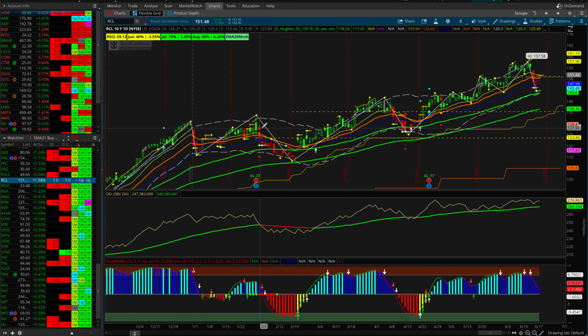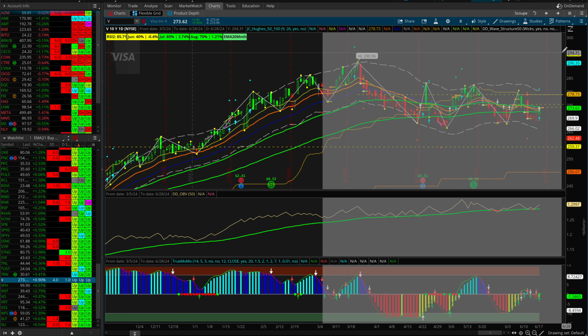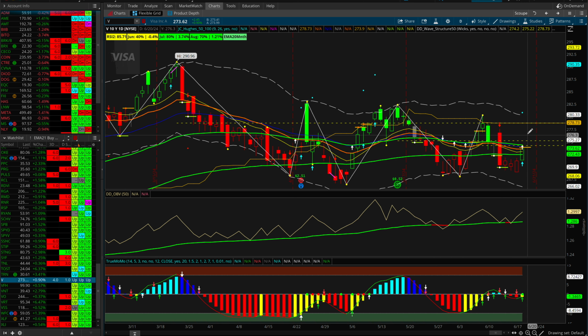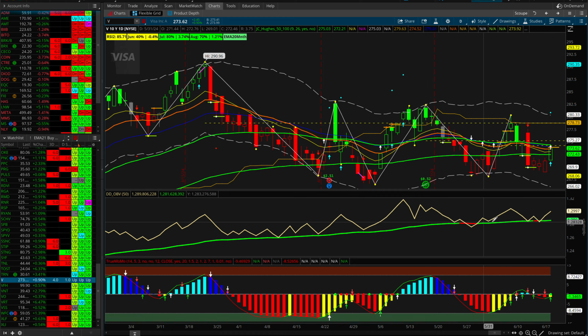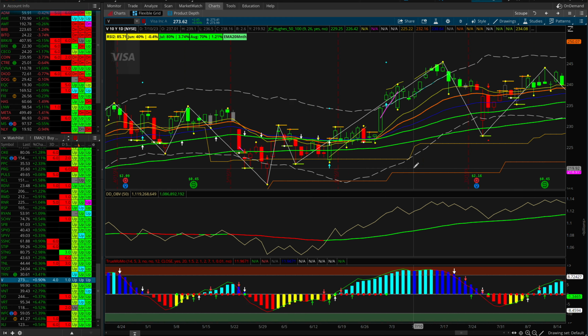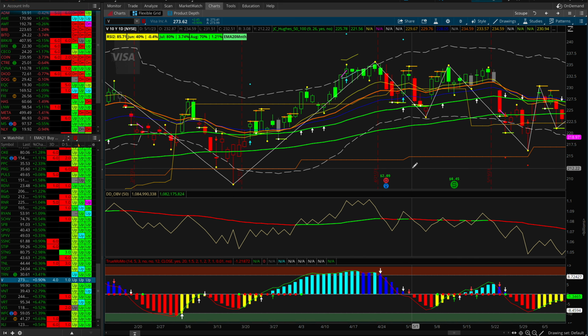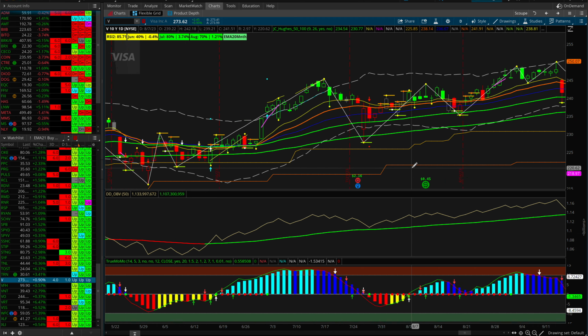Visa looks good too. Yeah, Visa's actually, it was green all this time, now it went into some choppy volume. It's interesting.